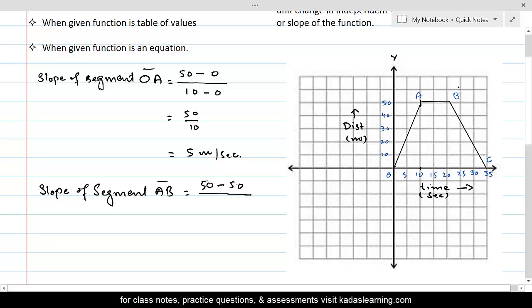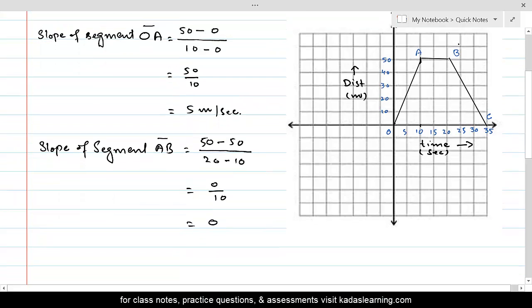Always, if you are moving from A to B, it is y value of B minus y value of A divided by x value of B minus x value of A. So this will be 20 minus 10, and therefore this will be 0 over 10, and the slope would be equal to 0.